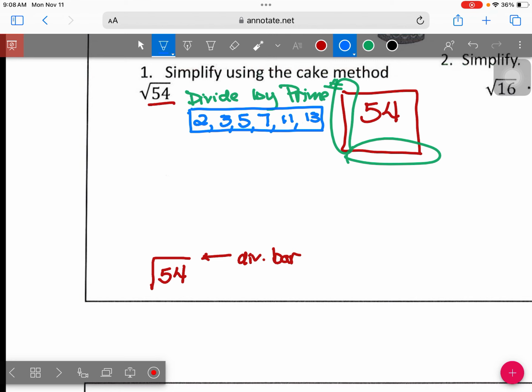If it is an even number that you're starting with, I want you to divide by 2, okay? So an even number, you're going to divide by 2. If it is a number that ends in 5 or 0, then you're going to divide by 5. That's another prime number.